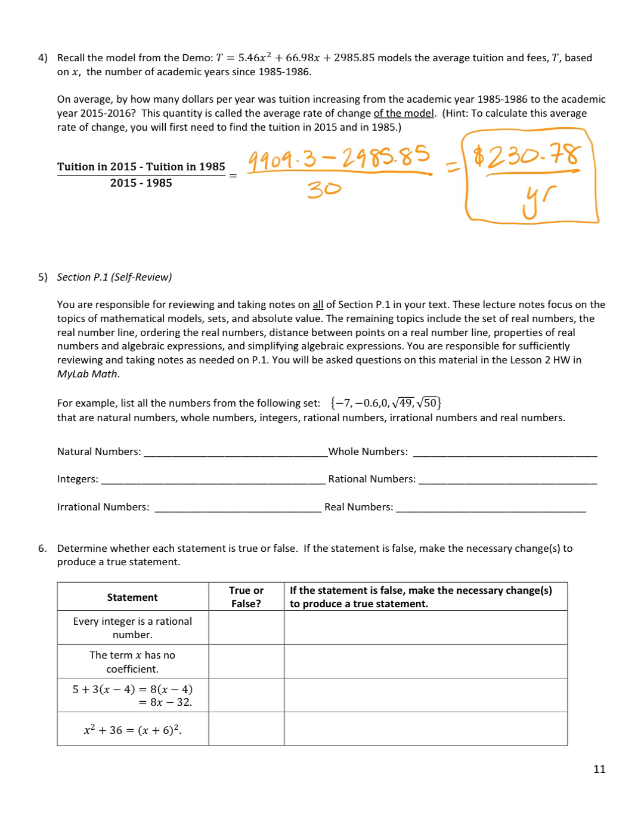Okay, so after you have reviewed and taken notes on section P1 in your textbook, we should be able to answer these questions. So we want to list all of the numbers in the following set. So I've got 5 numbers there. And I want to identify them as natural numbers, whole numbers, integers, rational numbers, irrational numbers, and real numbers. So natural numbers, those are considered the counting numbers starting at 1.